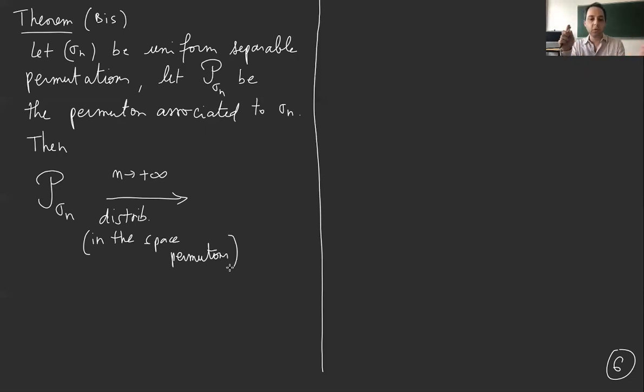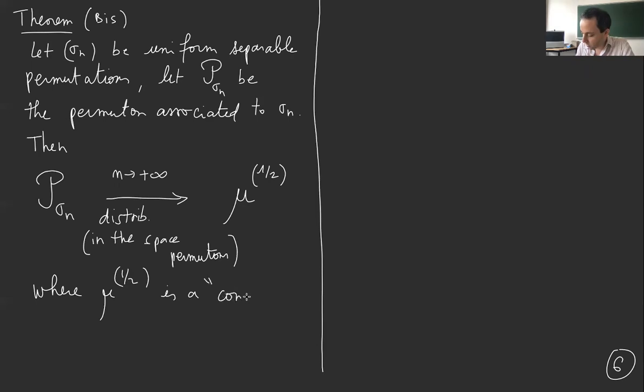So here I need to put a topology on the space of permutants, but permutants are just probability measures. So I can put the weak topology on the space of permutants. So it converges to some permutant that we denote by mu 1/2, where mu 1/2 is a continuous and fractal permutant.